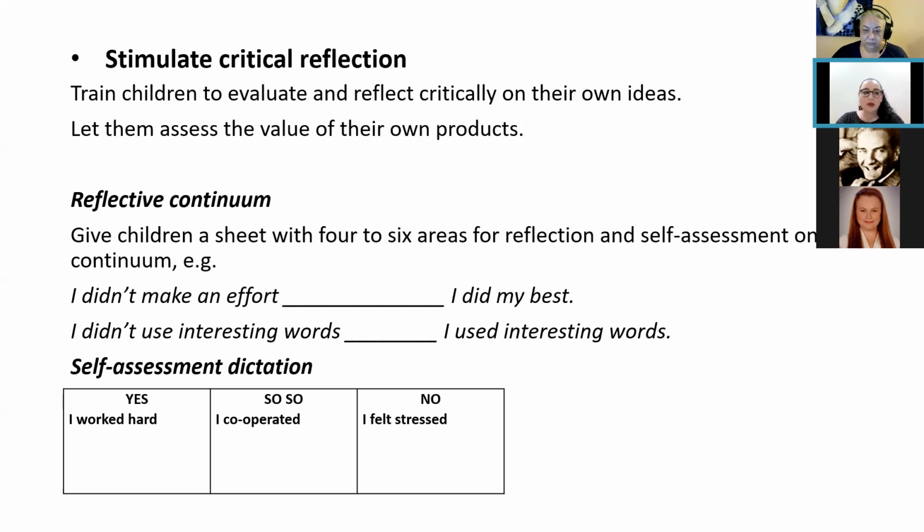Students listen and write the sentences in the column they think applies to their work. They then compare and talk about the results. How many sentences, for example, in the so column can they move to the yes column next time?